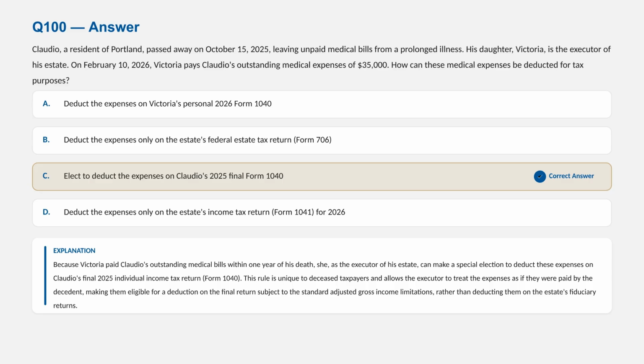This rule is unique to deceased taxpayers and allows the executor to treat the expenses as if they were paid by the decedent, making them eligible for a deduction on the final return subject to the standard adjusted gross income limitations rather than deducting them on the estate's fiduciary returns.